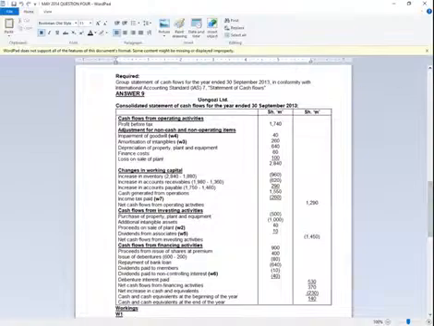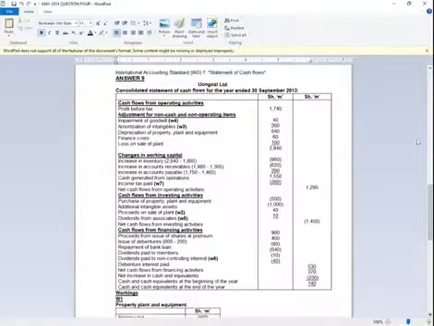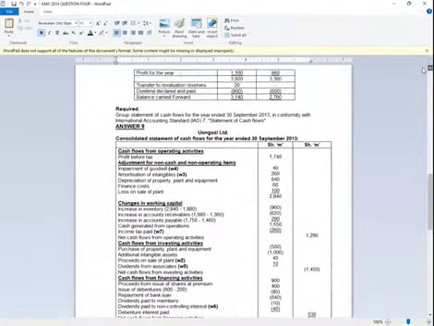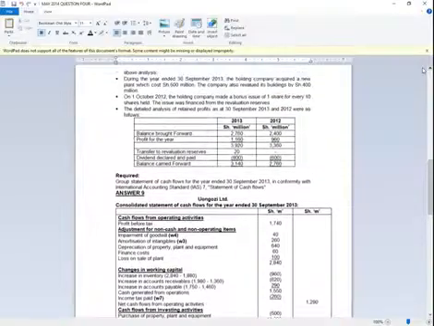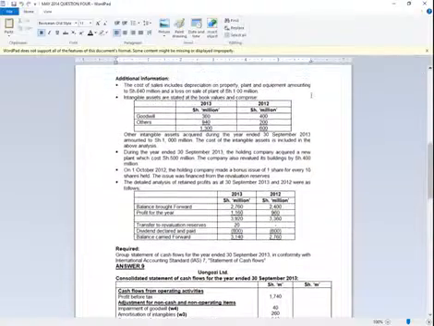Oh, this thing is jumping quite a lot. It's here. Depreciation on property, plant, and equipment, 640. Even the loss is given.